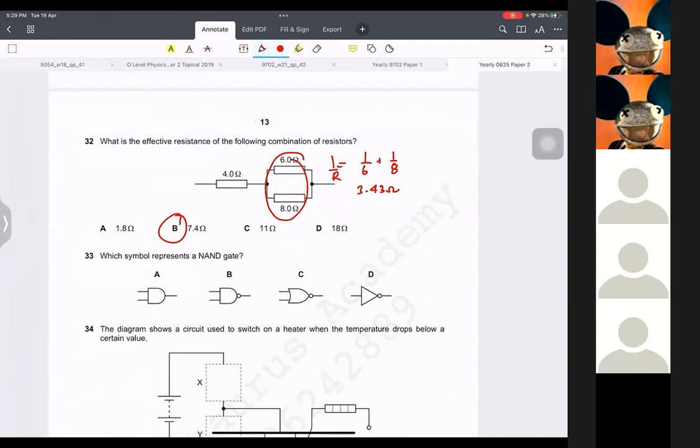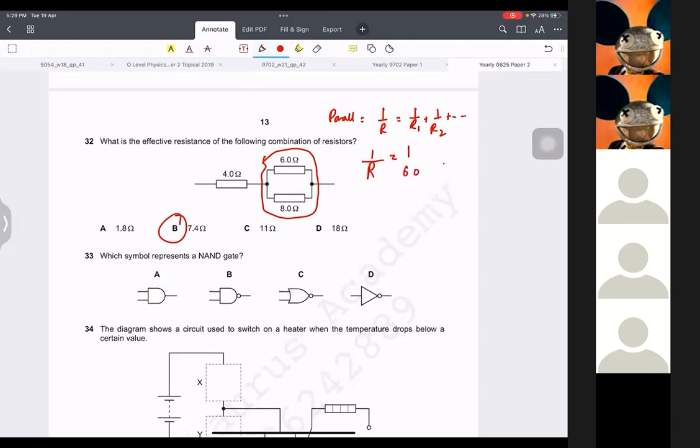Explain it again. Okay. So in parallel combination, this is parallel, right? Always solve parallel first. In parallel, we have the formula 1/R equals 1/R1 plus 1/R2 and so on. So what you do: 1/R equals 1/6 plus 1/8.